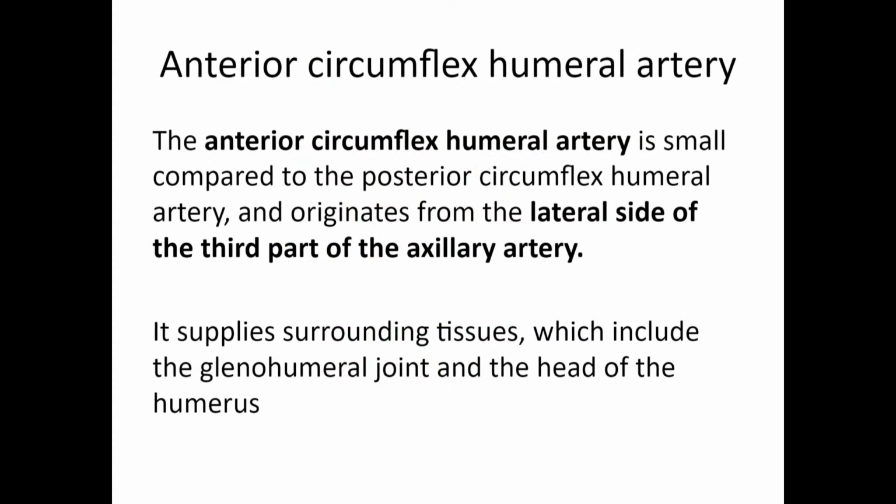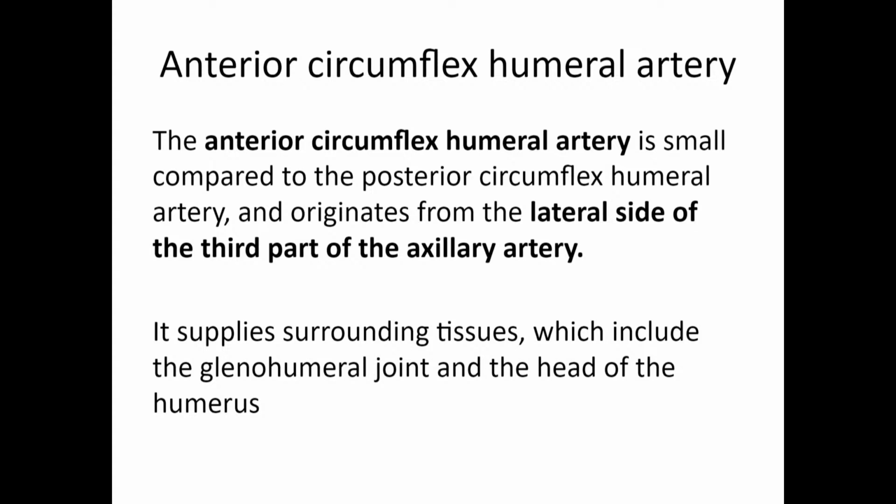The anterior circumflex humeral artery is small compared to the posterior circumflex humeral artery, and it originates again from the third part of the axillary artery. They both originate from the lateral side, so they come around and anastomose with each other. What they supply is the surrounding tissue, and it includes the glenohumeral joint and the head of the humerus.